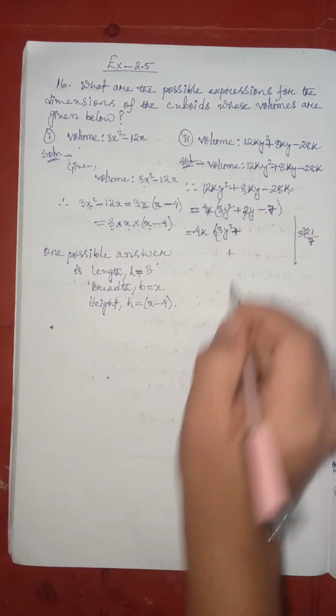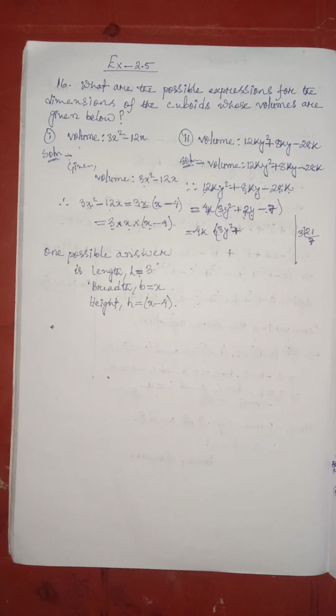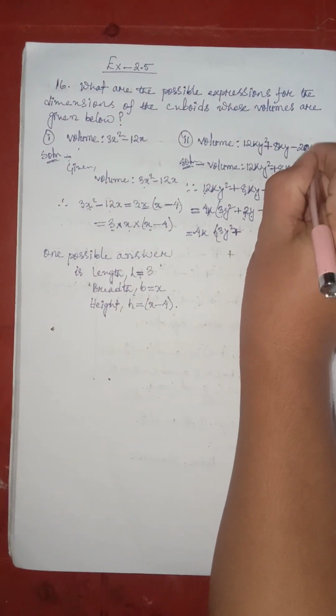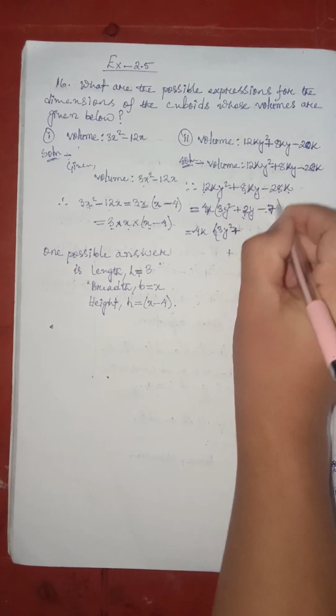And what is this? We have 2. Now in order to get this 2, what should you do? Sorry, it should be 20.